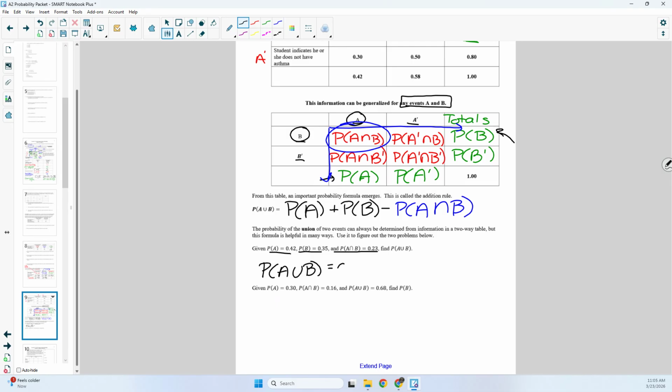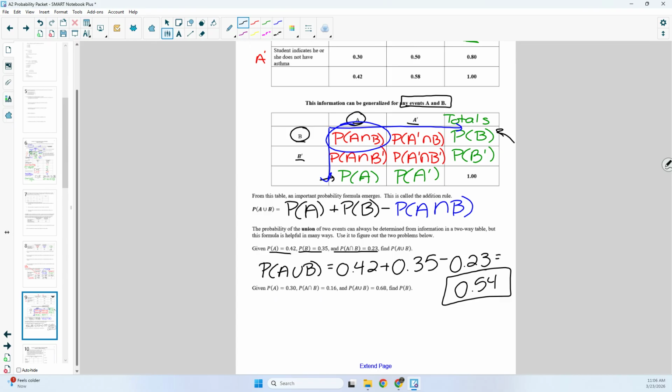If I'm given the probability of the first event, I can add it to the probability of the second event, and then subtract that intersection that we counted twice. If I add these up, and you can do this on a calculator, I get 0.42 plus 0.35 minus 0.23 is 0.54. That is the probability of the one event or the other.